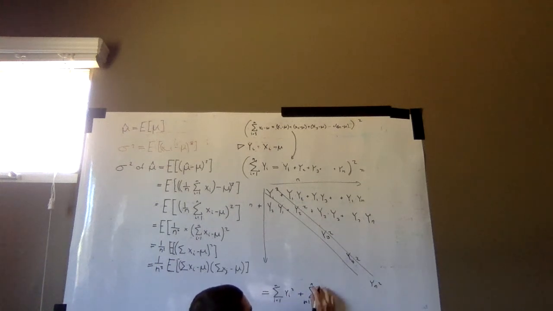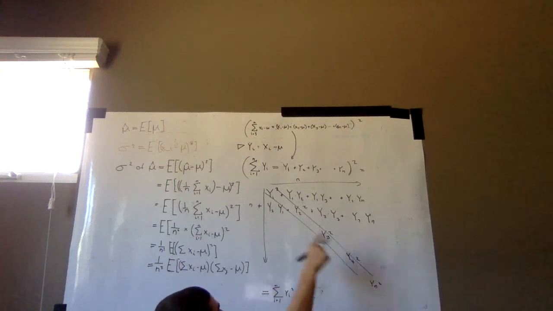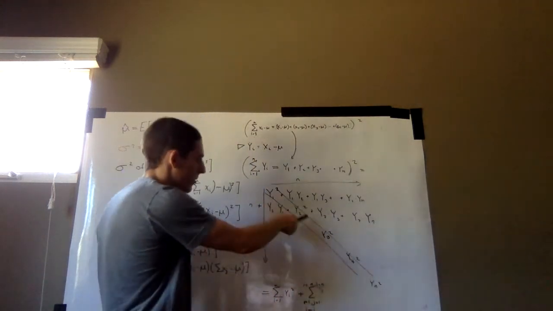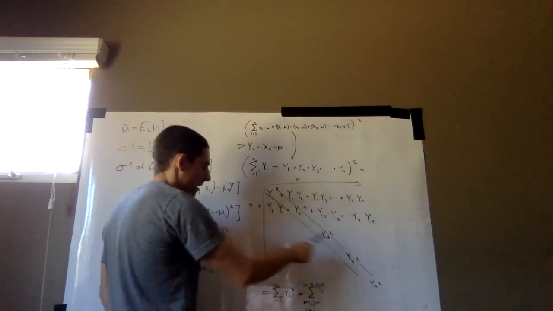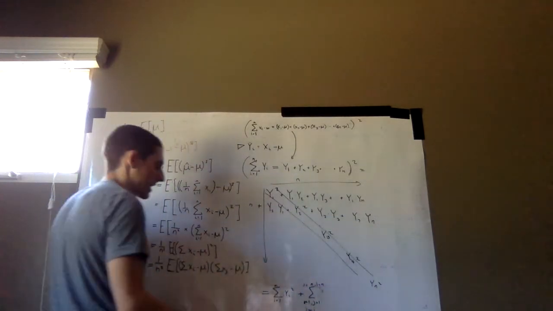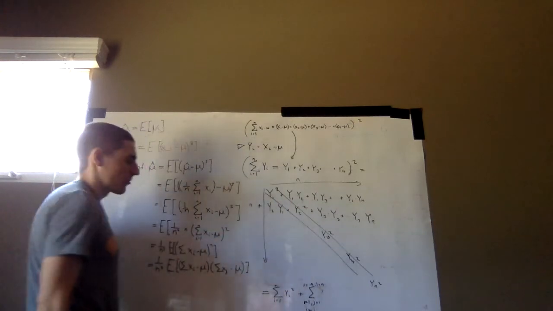We have two variables: i equals 1 and j equals 1, both going to n. And importantly, j does not equal i, because any point where j equals i is a place where it would be squared, and in that case it's already captured in this first term.